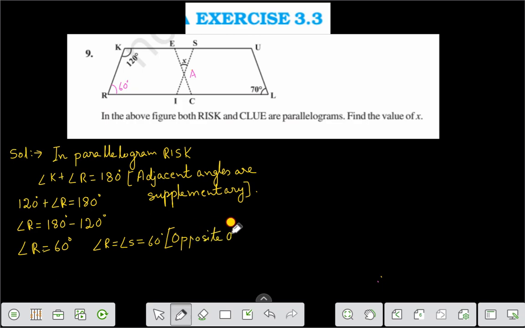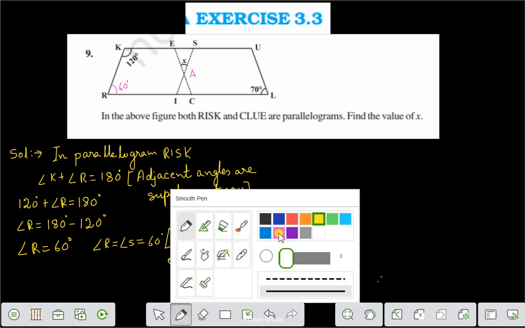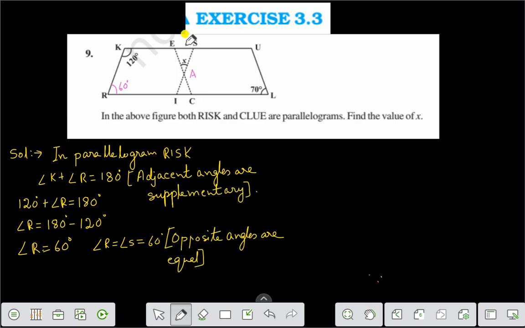Therefore, this angle is also 60 degrees.